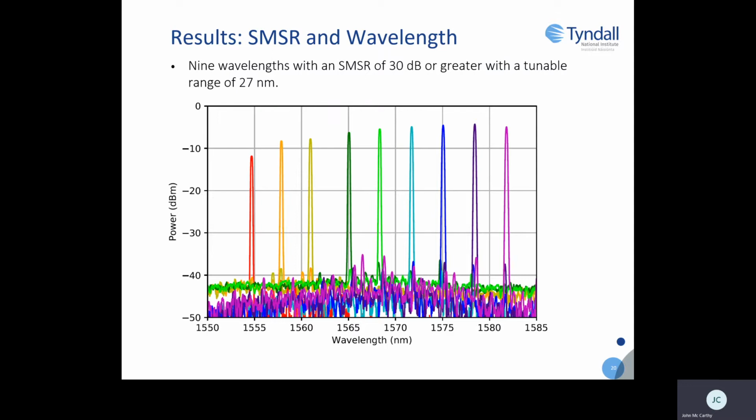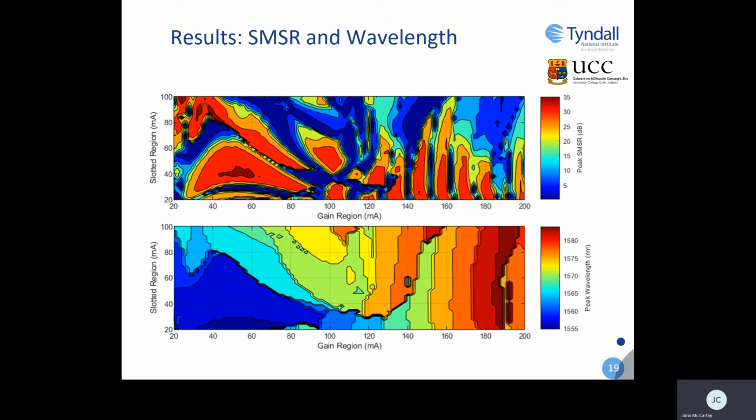So you could say at this point that we achieved our goal. We attained a single mode laser, or a laser that produces single mode spectra that had a tunable wavelength. The one issue I would have with this is that it took a large amount of current to achieve these other wavelengths. It took, as you can see here, a range from 20 milliamps to 200 milliamps.